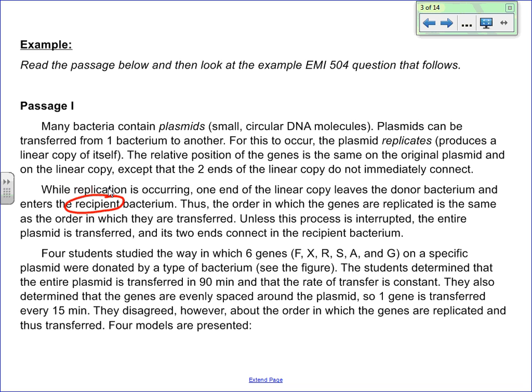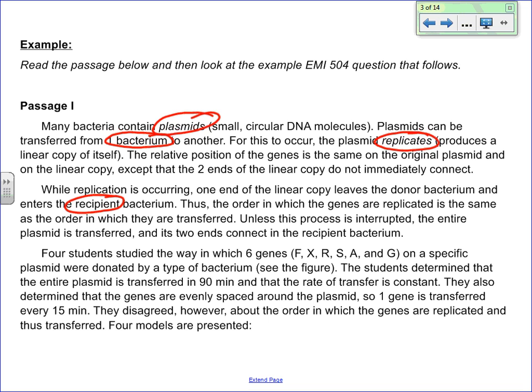Any other words that are getting in our way? We have a couple new vocab words. Plasmid and plasmid replication. Bacterium. It's a little different than our typical. Okay. And last call for vocab.